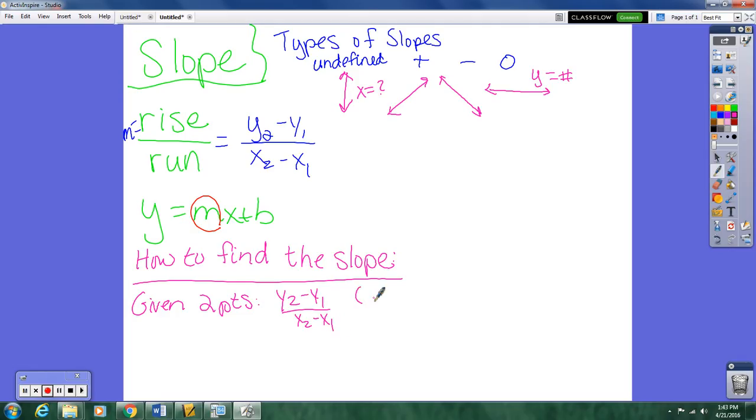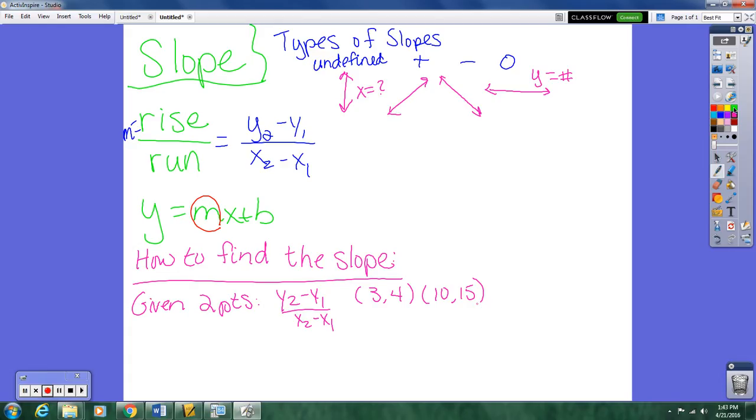So if you have a point, say 3, 4, and 10, 15. If you have those 2 points, there's a line between these 2 points. All you need is 2 points to make up a line. Doesn't mean that there's only 2 points. It only needs 2 points to make a line. And you say, okay, the y's are always on top, x's are always on bottom.